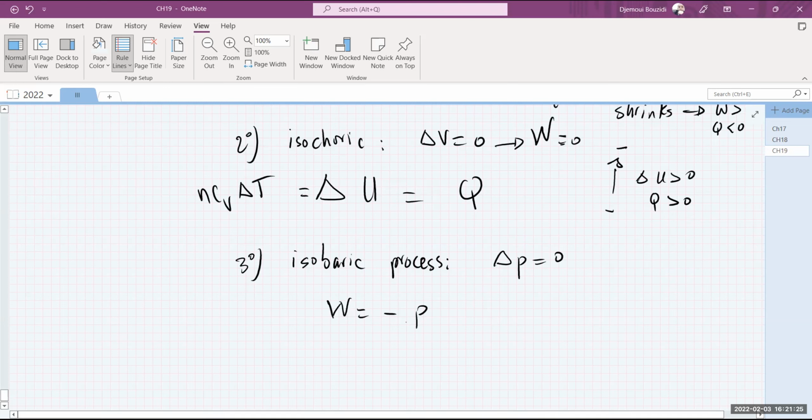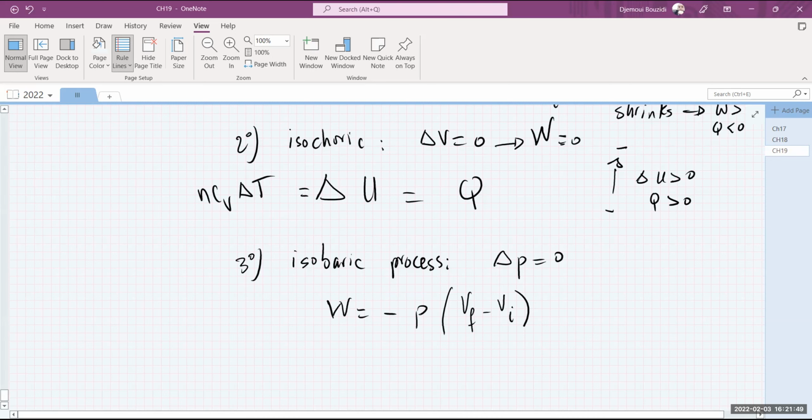It's the same. The initial pressure, the intermediate pressure, the final pressure, they're all the same because P is constant. Then the integral of a constant is going to be the final minus initial. And this takes care of everything in here. So that's the work. Okay? That is the work in this situation.